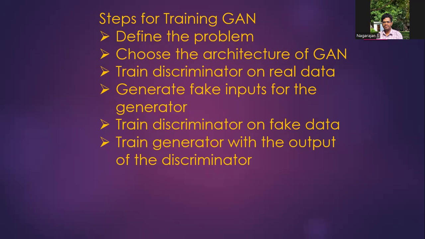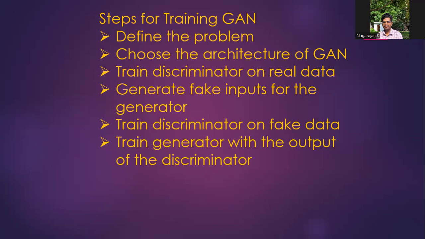Step 2 is to choose the architecture of the GAN, a very important step based on your application or research. The generator and discriminator may use multi-layer perceptrons or CNNs, and this also depends on what problem you are trying to solve.